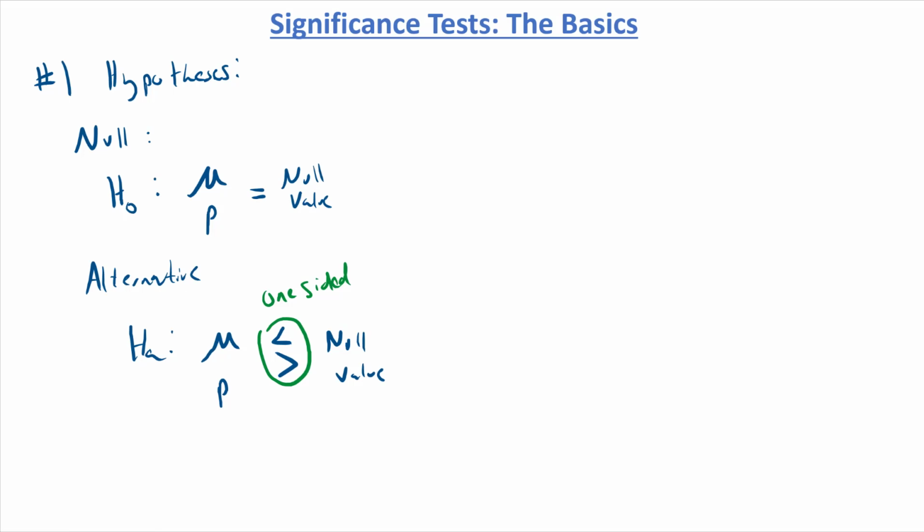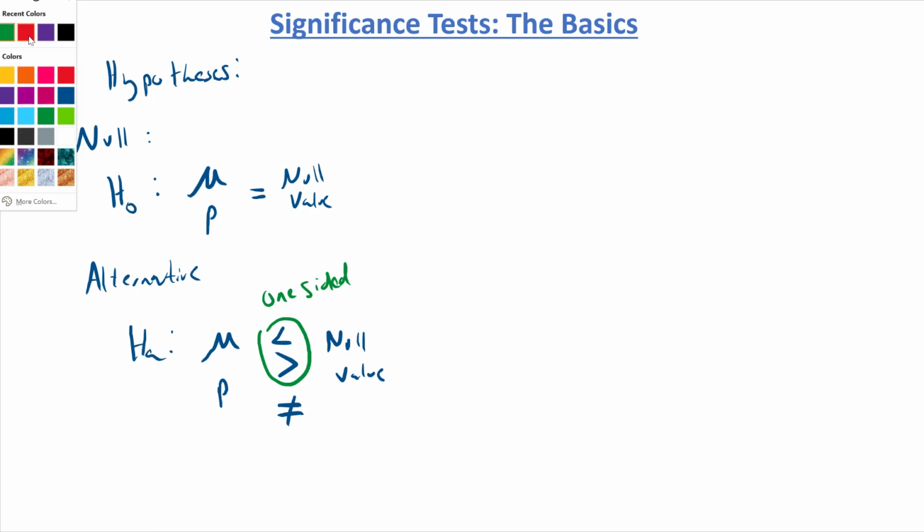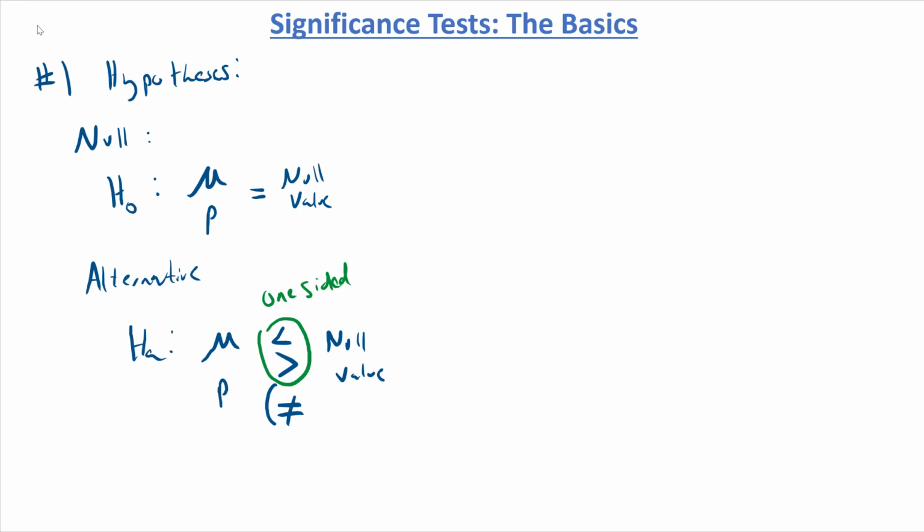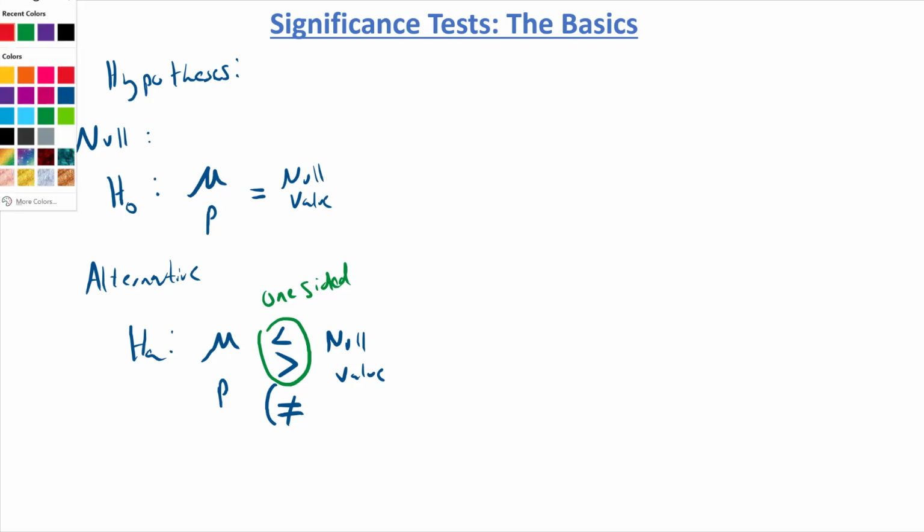However, you can also have a two-sided alternative hypothesis, because they could just say, what if the value doesn't equal the null value? In other words, what if it's less than or greater than? And therefore, you would simply notate that by saying not equal to.